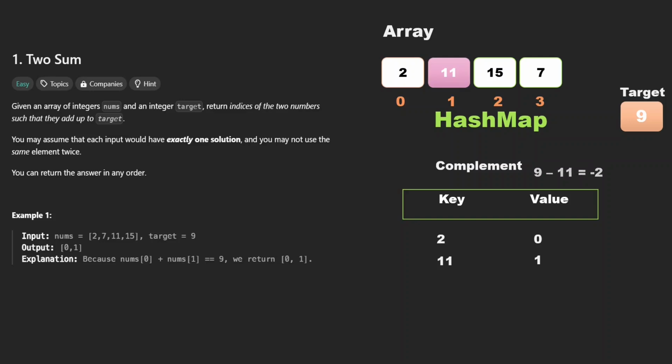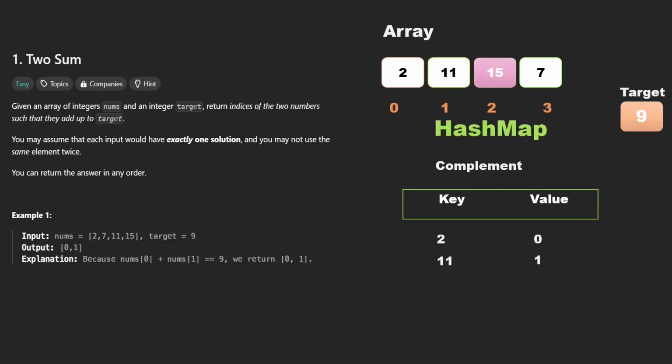So the next element is 15. And 9 minus 15 is minus 6, so the complement is minus 6, and we'll check in our hash map if it's present or not.